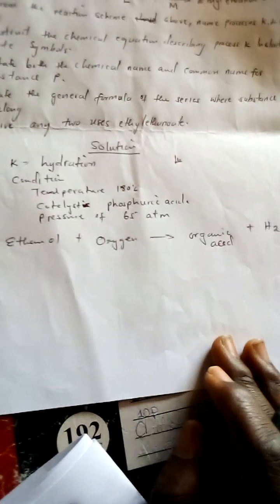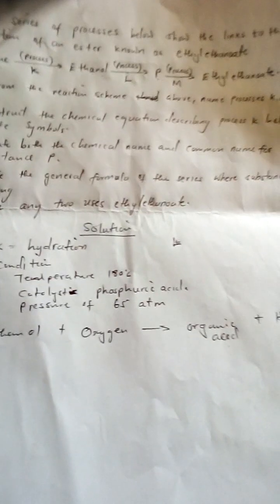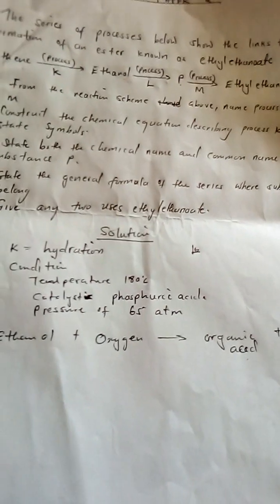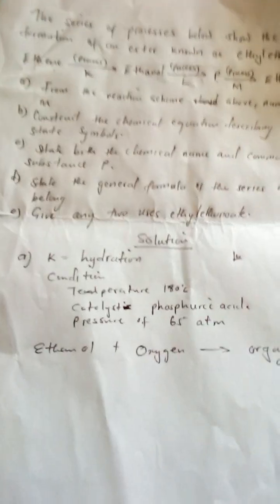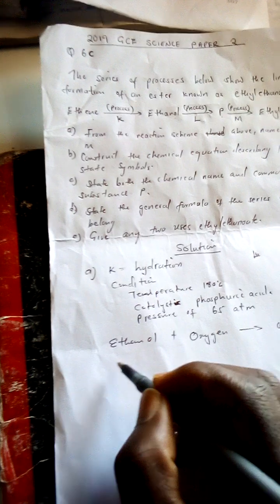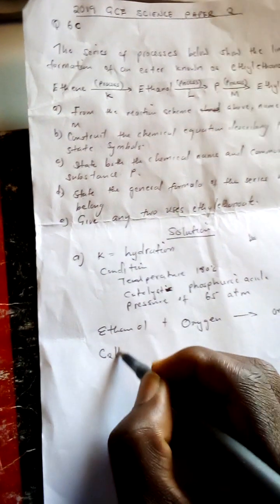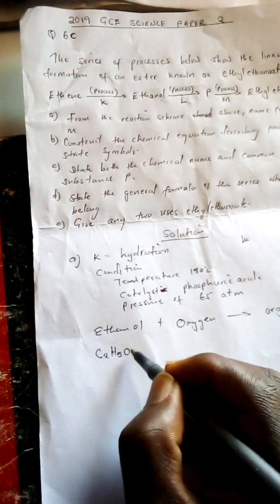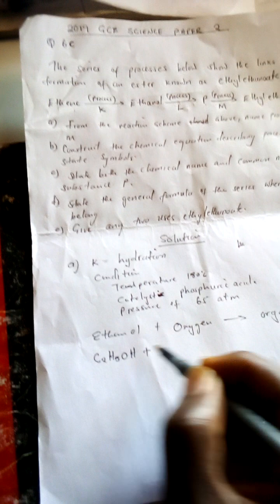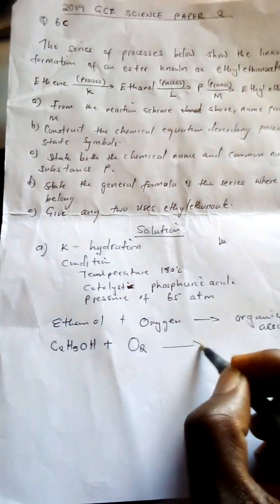That's what we are going to produce at the end of the day. Let us see the chemical reaction. Ethanol is written like C2H5COH plus oxygen, which is O2, then broken down.